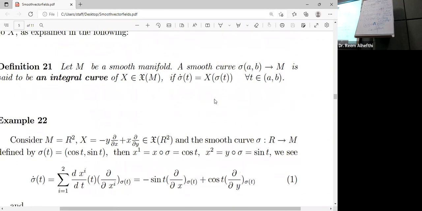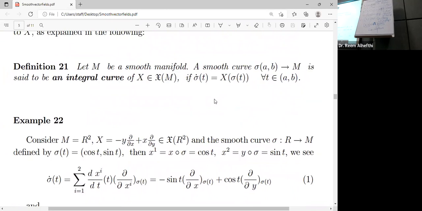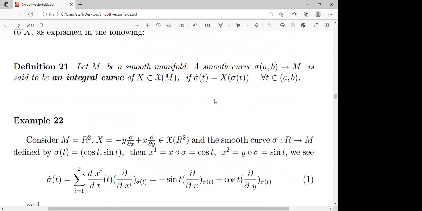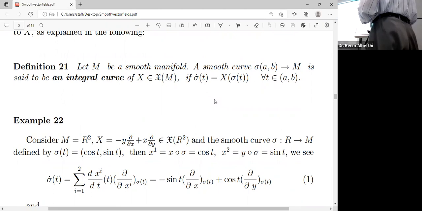Now, a very important notion is this now. That is integral curves of the vector field.